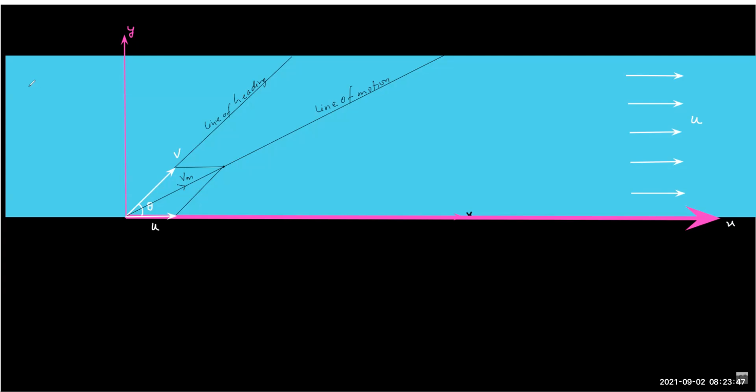As I said, v represents the velocity of the man with respect to the river, u represents the velocity of the river, and Vm is the velocity of the swimmer with respect to the ground. So these two concepts are very important.